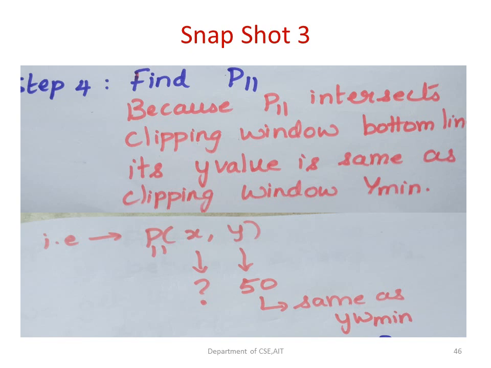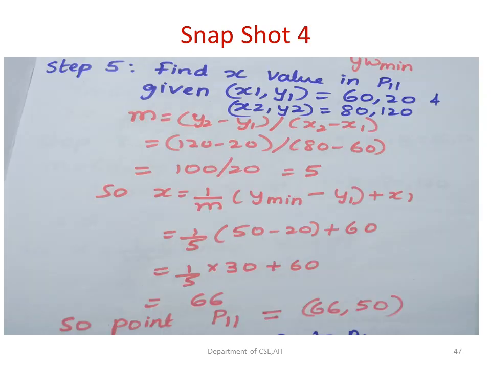So I have to find the value of x. We know how to find this, because we know the values of P1 and P2. P1 is 60 and 20, and P2 is 80 and 120.